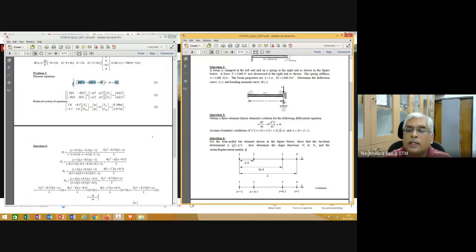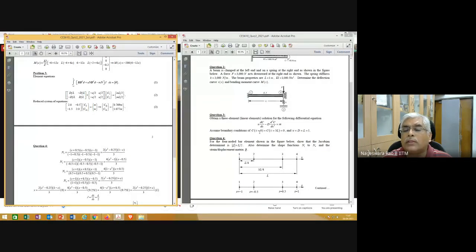At the extreme points, it is 0. So you can solve the finally reduced equation system. You end up getting a 2 by 2 equation system, and that you can solve to determine the unknowns.